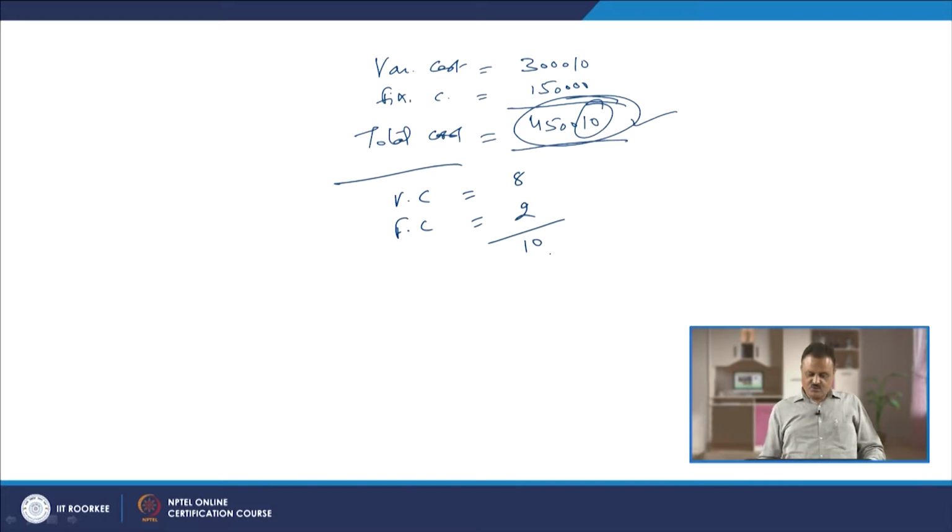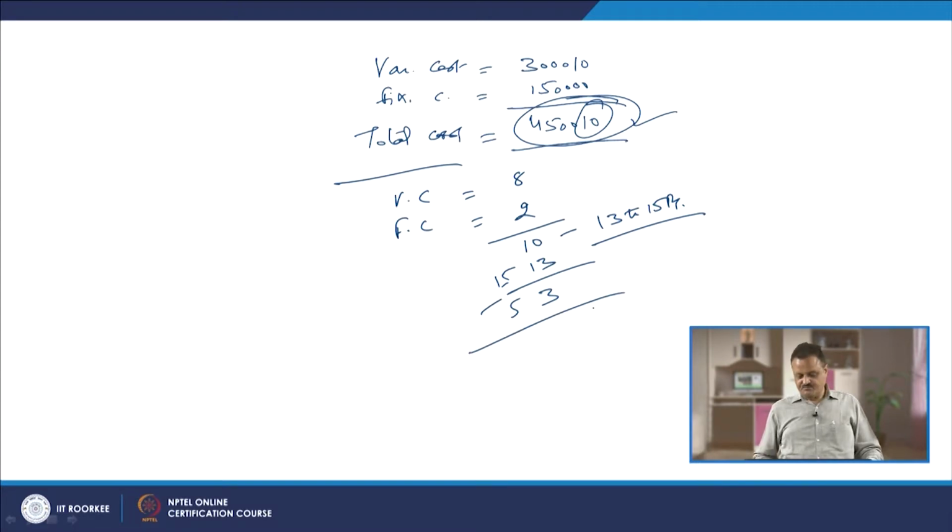Now what is the possible selling price in the market? You can position your product for 13 to 15 rupees. If you position it for 13 rupees, your profit is going to be 3 rupees, and if you position it for 15 rupees, your profit is going to be 5 rupees.